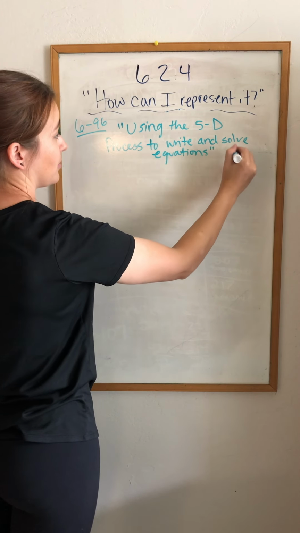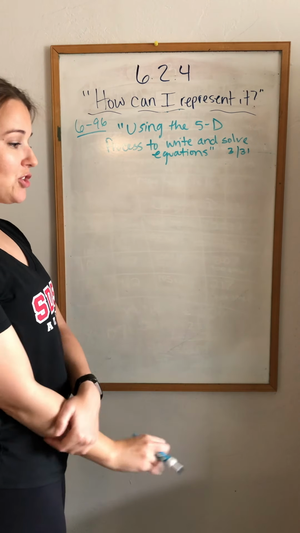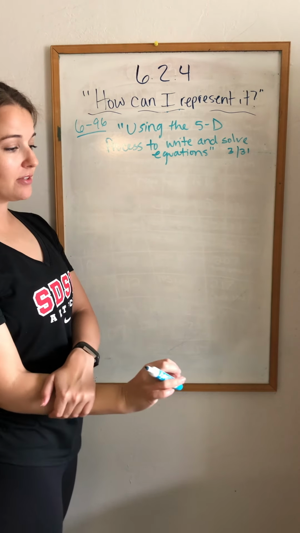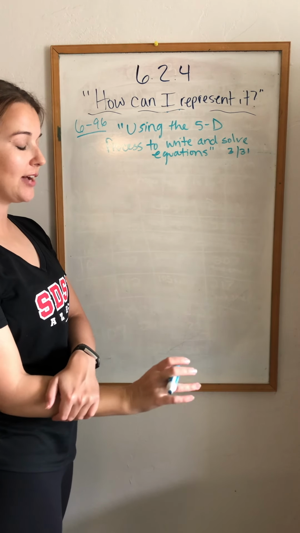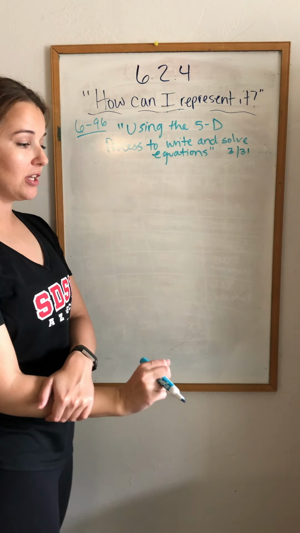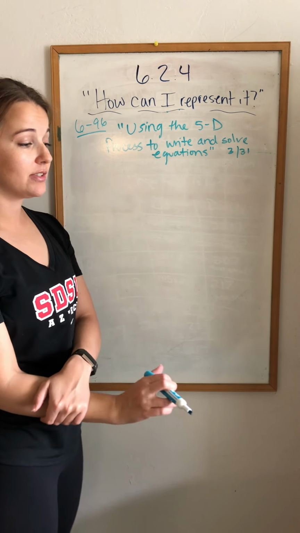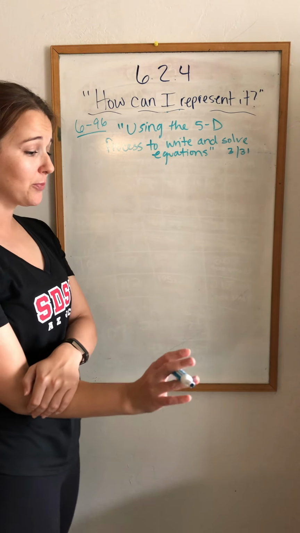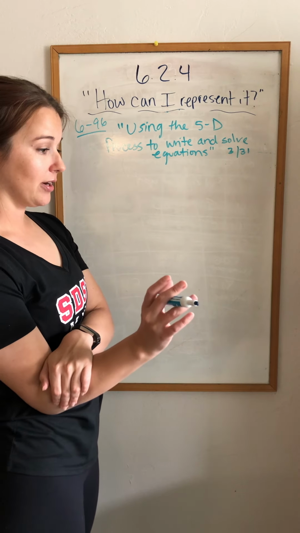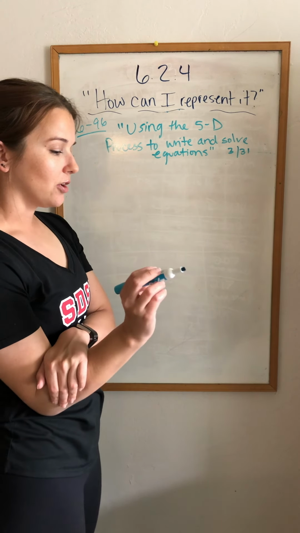And the date, I'm putting 3/31. And it says, in chapter 5, you learned about variables and using the 5D process to solve problems. In this chapter, you simplified expressions using algebra tiles and focused on solving equations. In your learning log, describe how variables and equations can be used to solve word problems. Use an example problem to help make your explanation clear. Title this entry and label it with today's date.